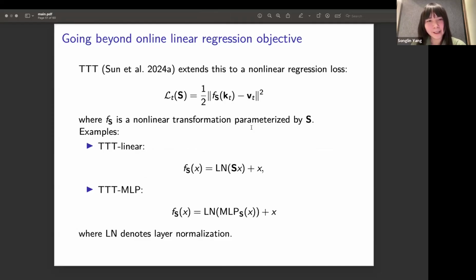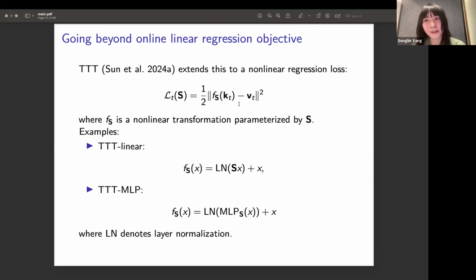So literally, in test-time training, short for TTT, in the TTT layer, they optimize a nonlinear regression loss. So here, we are not using a linear transformation.